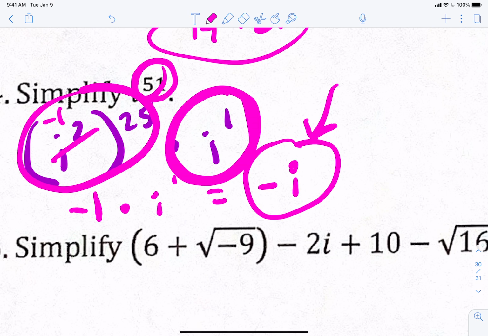We will only end up with 1 or negative 1. So if it was like 50 or 52 or 54, we won't have to hang that i off to the side. So it'll just be positive 1 or negative 1, right? But if it's an odd number, you'll end up with i in the answer. So there you go. If it's an even number, 1 or negative 1. If it's an odd number, i or negative i. Keep going. Okay? Moving on.